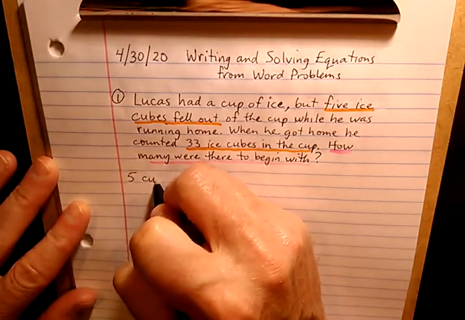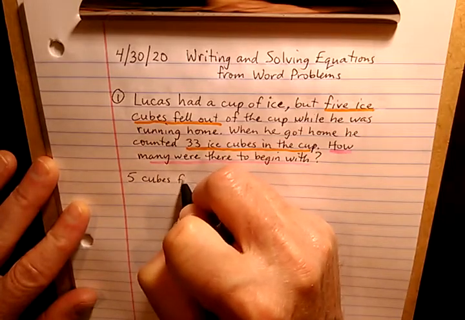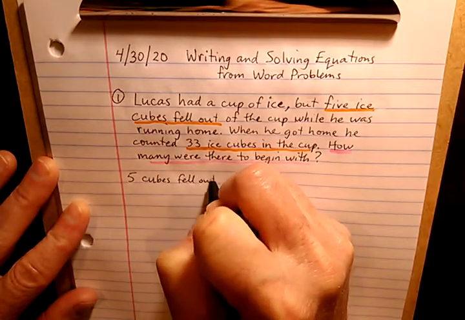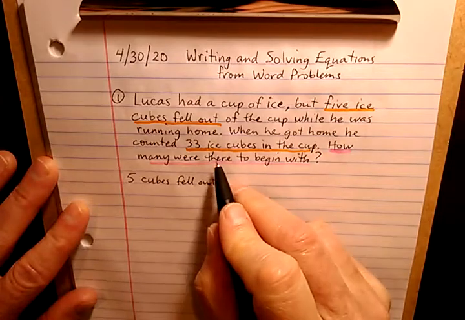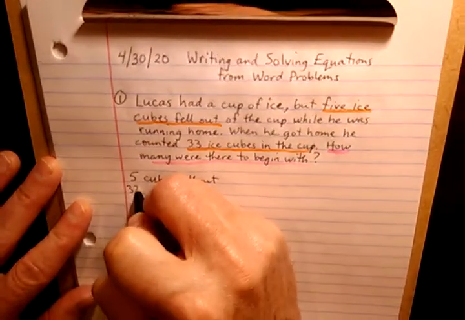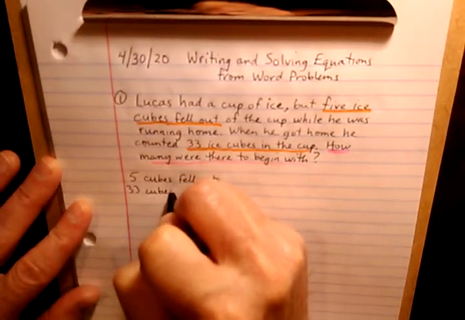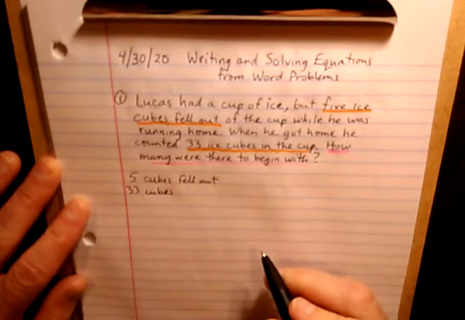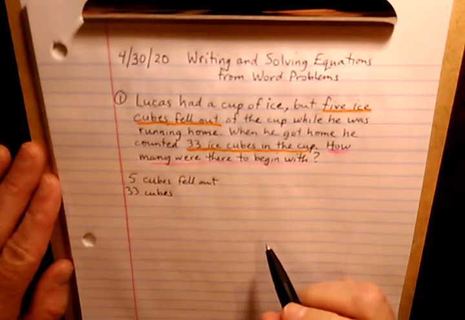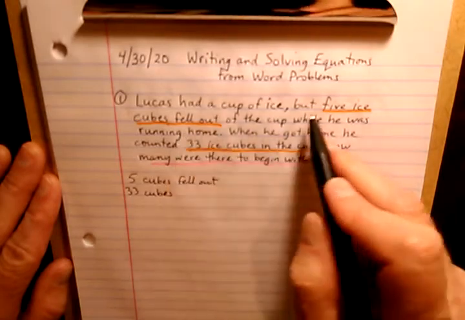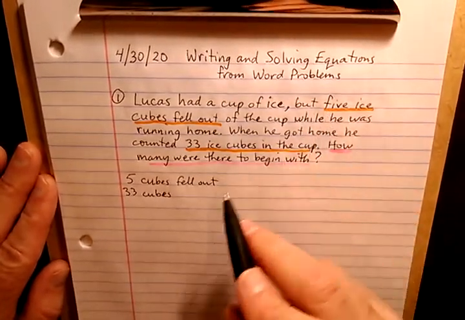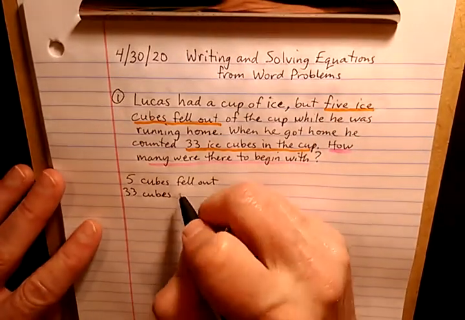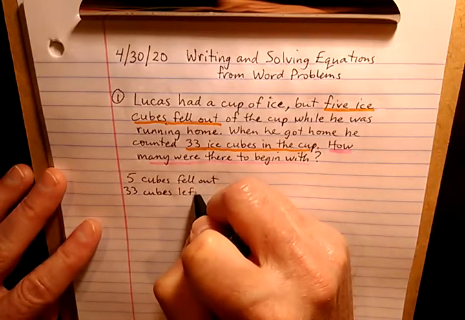5 cubes fell out. That's one important piece. There were 33 cubes. Now, when were there 33 cubes? That was after those other cubes fell out, right? So 33 cubes left over.